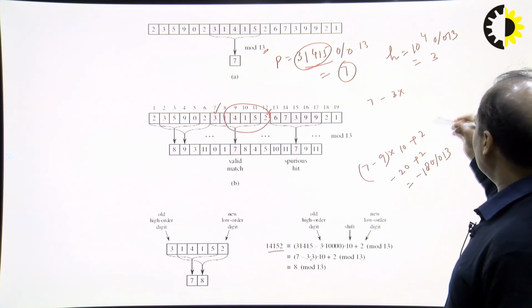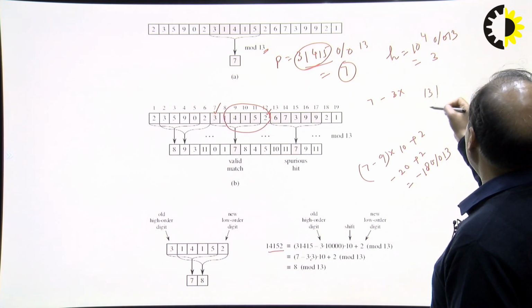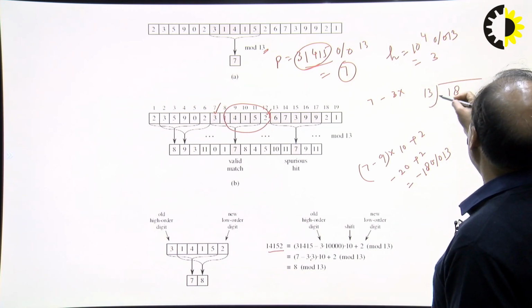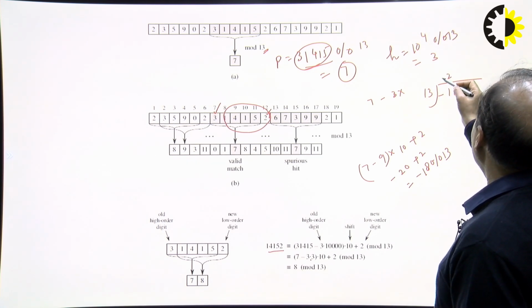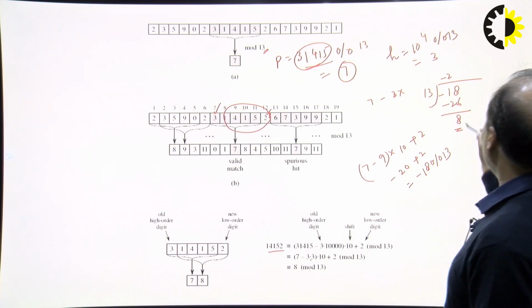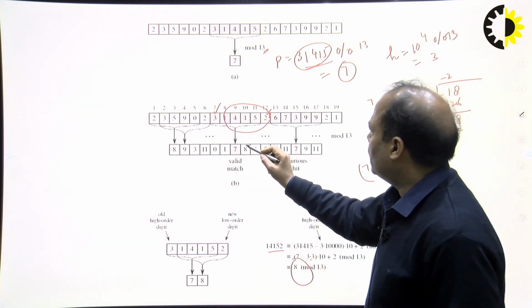You know the modulo arithmetic. Remainder cannot be negative. So if you add 26 to minus 18, this is like 8. Answer is going to be 8. Remainder cannot be negative, right? So you are getting 8 again.